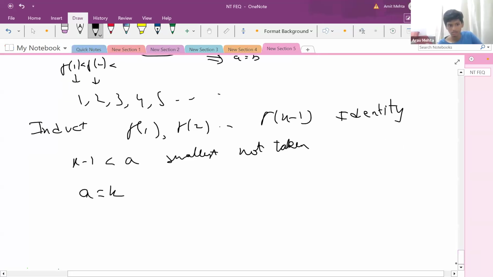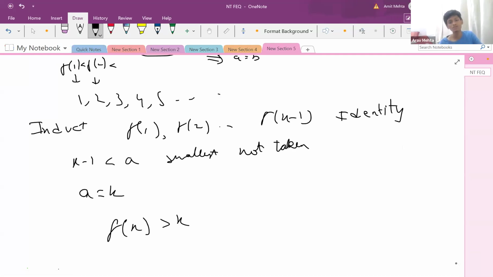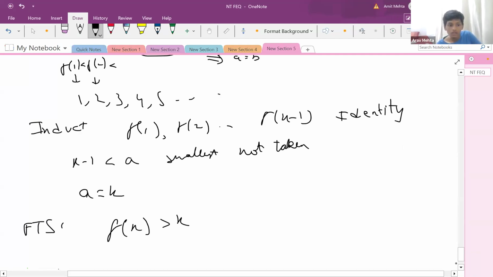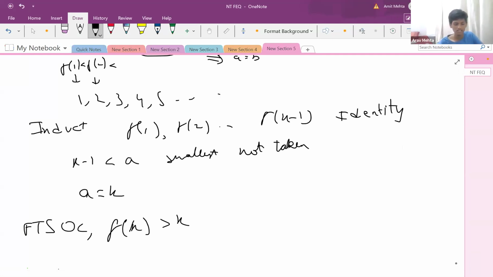Exactly. So we have f of k must be greater than k. But this is equivalent to nothing. So for the sake of contradiction, suppose f of k is greater than k.